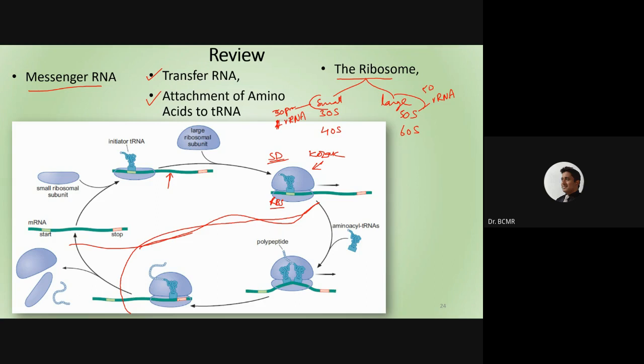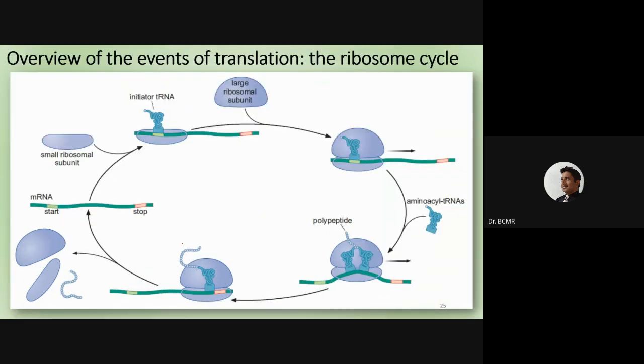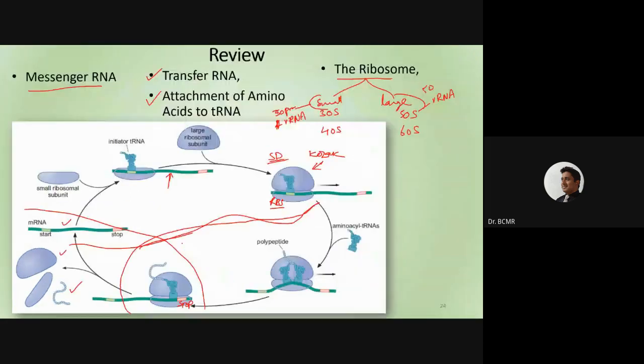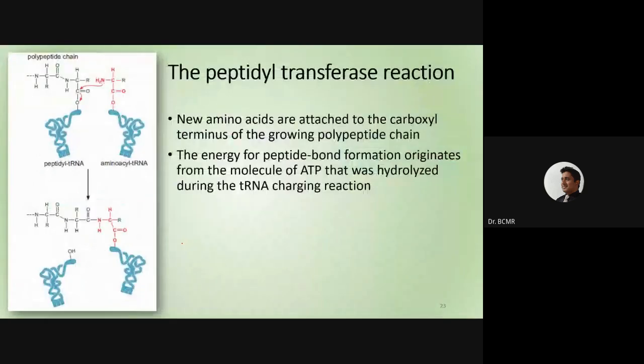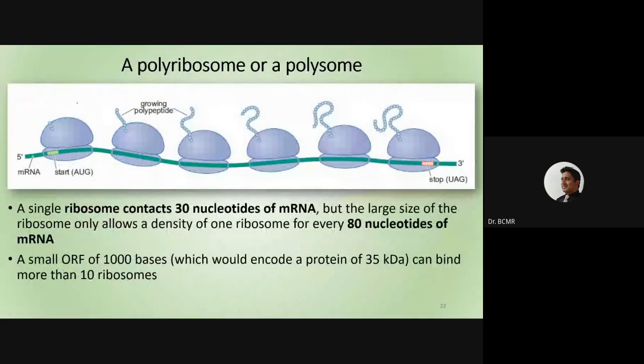And eventually, the termination, wherein at the end of the open reading frame, the stop codon comes, and then how these different things like the protein that is produced, ribosomes, and mRNA are released, and how ribosomes can be recycled and mRNA can be again read. While doing so, we also learned about what a polysome is. I hope you remember that. A polysome is mRNA loaded with several ribosomes like this.